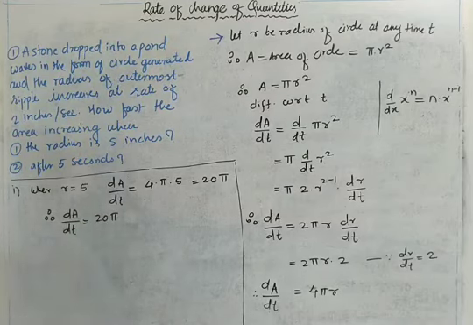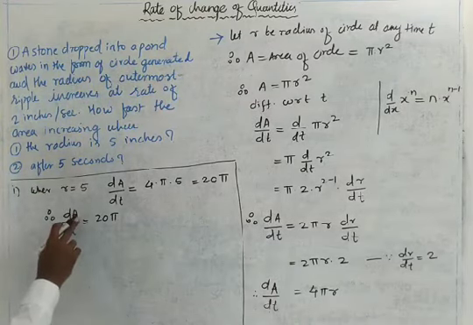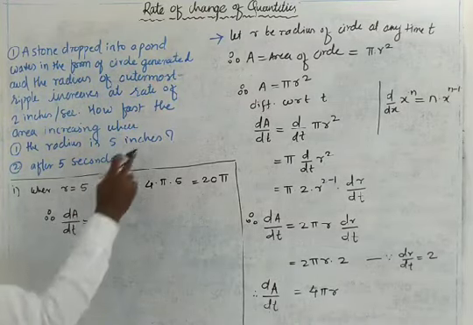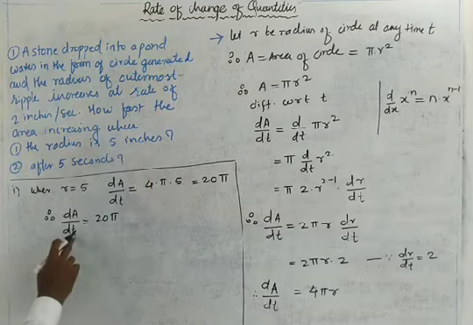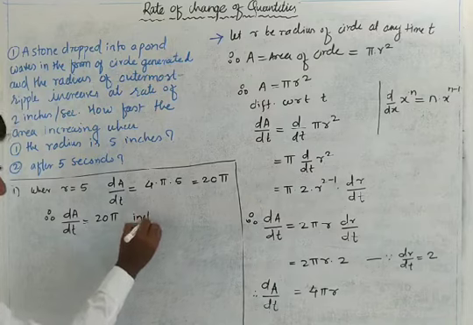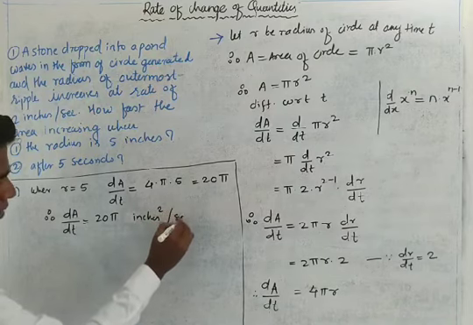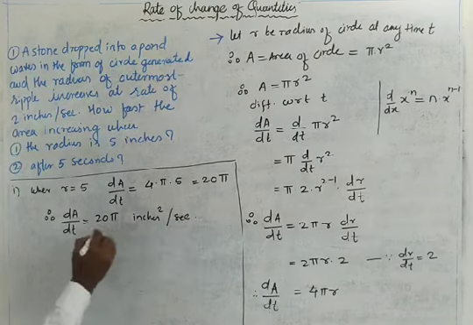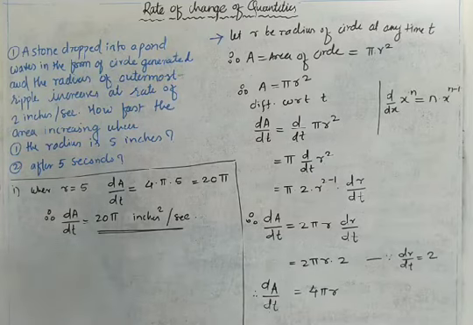That is the answer to the first question. For area, the unit is inches square and the time unit given is second, so it is inches square per second. Don't forget, this is a very important statement. That is how the area will change.